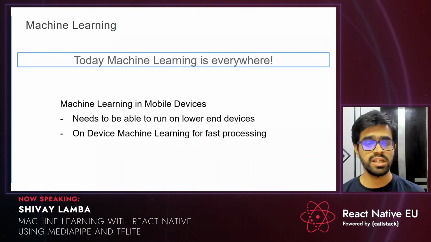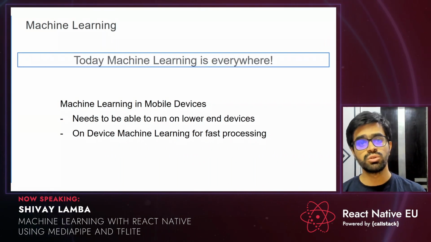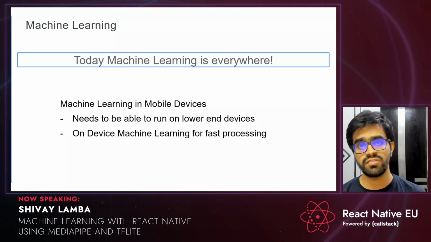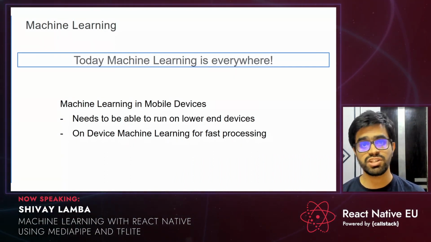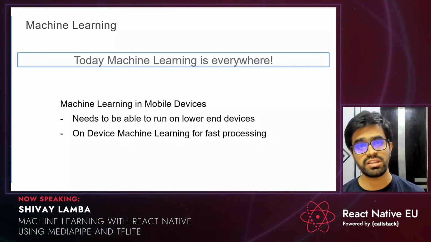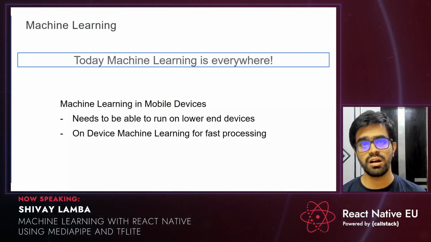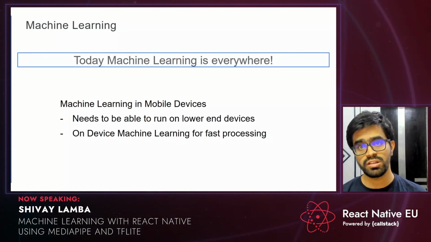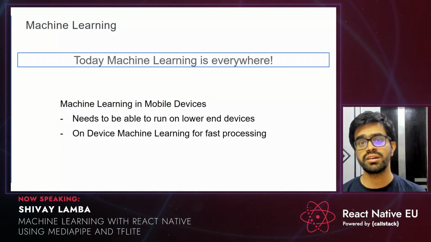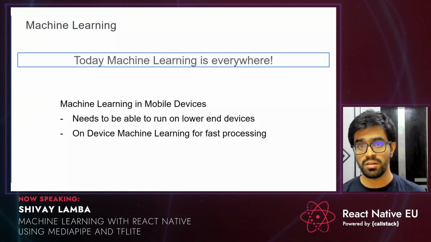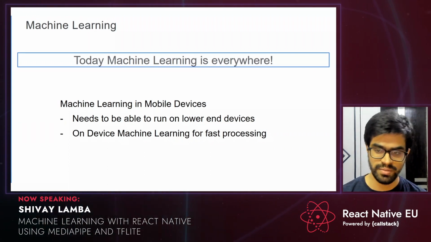Both of these techniques help us do a lot of different things like on device translation of languages, on device classification of images, and detecting different things, with algorithms that can run on mobile devices. That is making machine learning really accessible on these mobile devices as well.